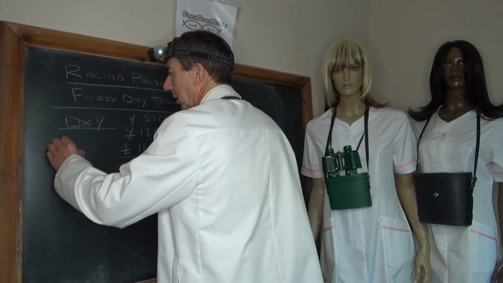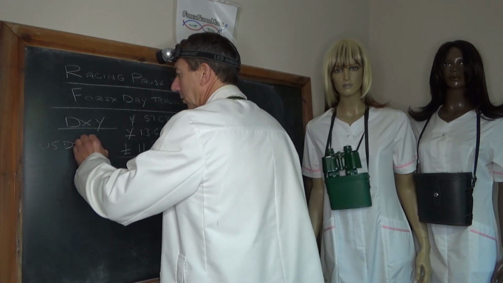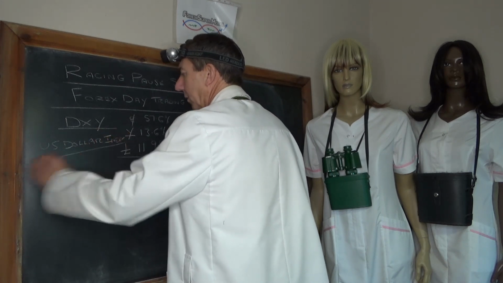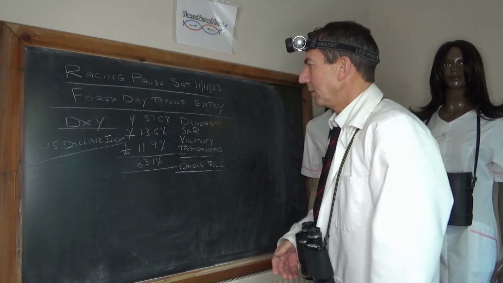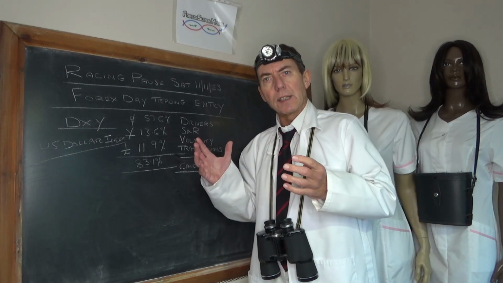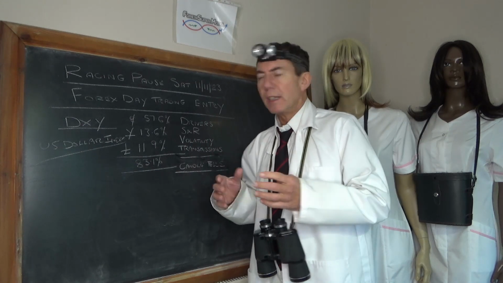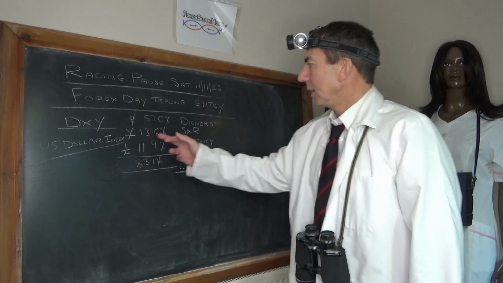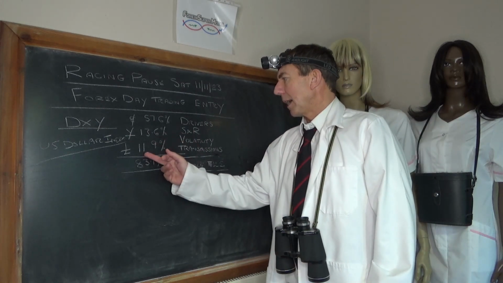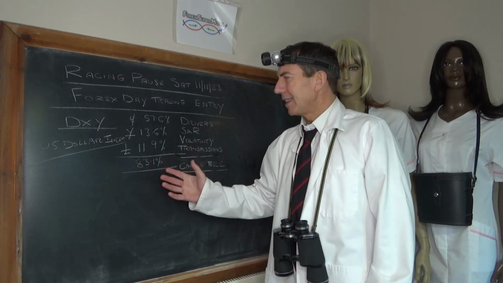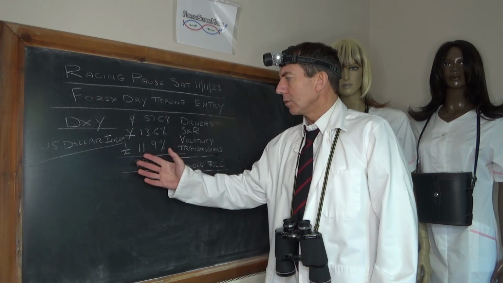So, the US dollar index. If you get the chart up, you can have a look at what's going on. Basically, it's a basket of 6 currencies. The euro represents 57.6%, the yen 13.6%, and the pound 11.9%, which is 83.1%. So basically, those 3 currency complexes.